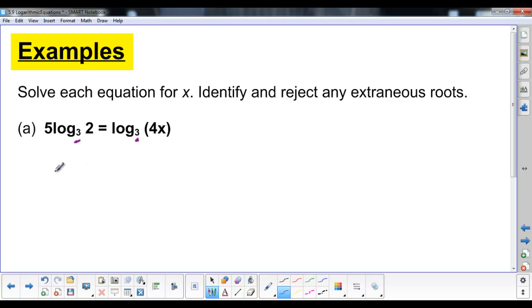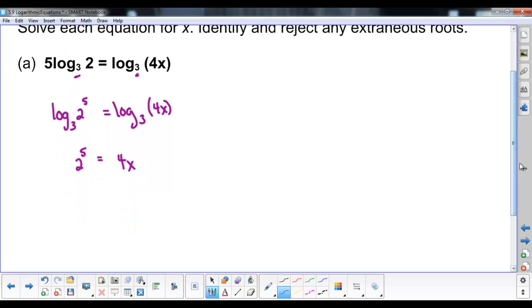So I'm going to use the power rule and change this to log base 3 of 2 to the power of 5. When you're letting arguments equal each other, make sure that there's no coefficients in front. Now I'm going to say, well, they're both log base 3, so that must mean that 2 to the power of 5 is equal to 4x.